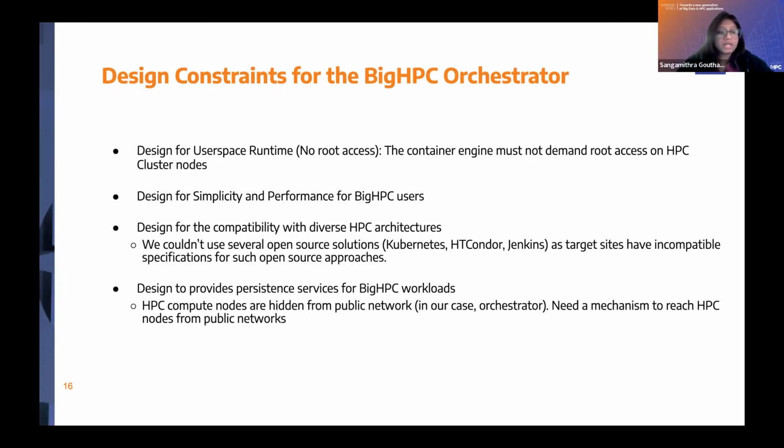The second point is that we needed a design that was simple and performance efficient for BigHPC users. The third was that the design had to be compatible with diverse HPC architectures. And we couldn't use the solutions that we just looked at, like Kubernetes, HT Condor, and Jenkins, because the target sites have incompatible specifications for these approaches.